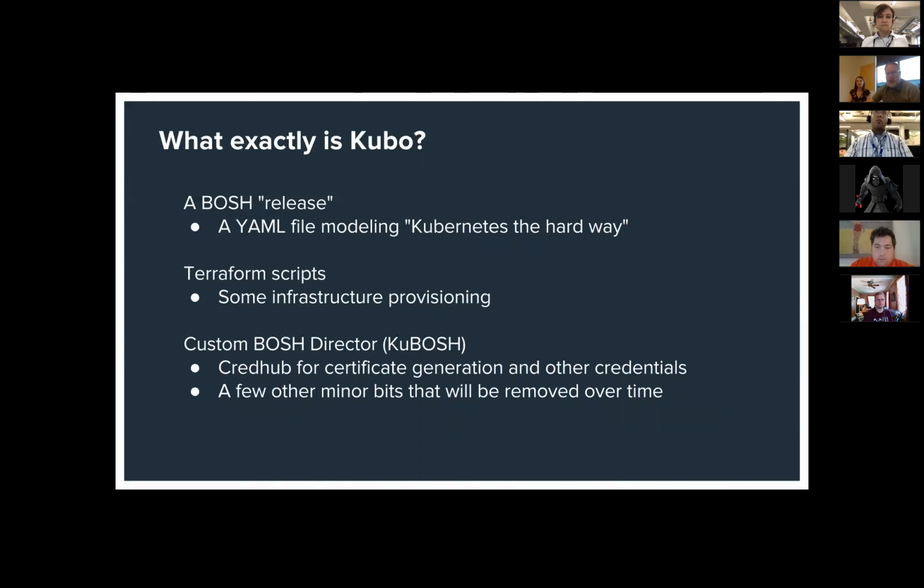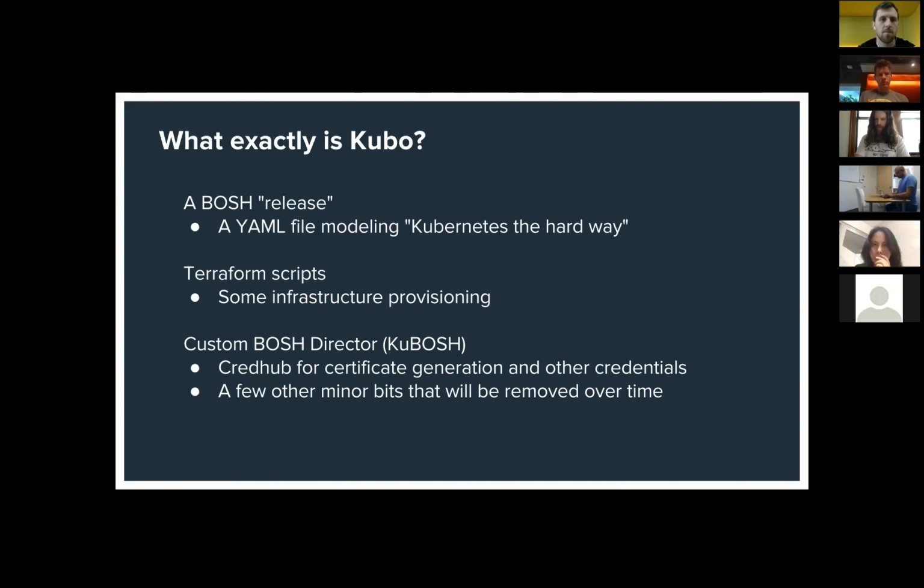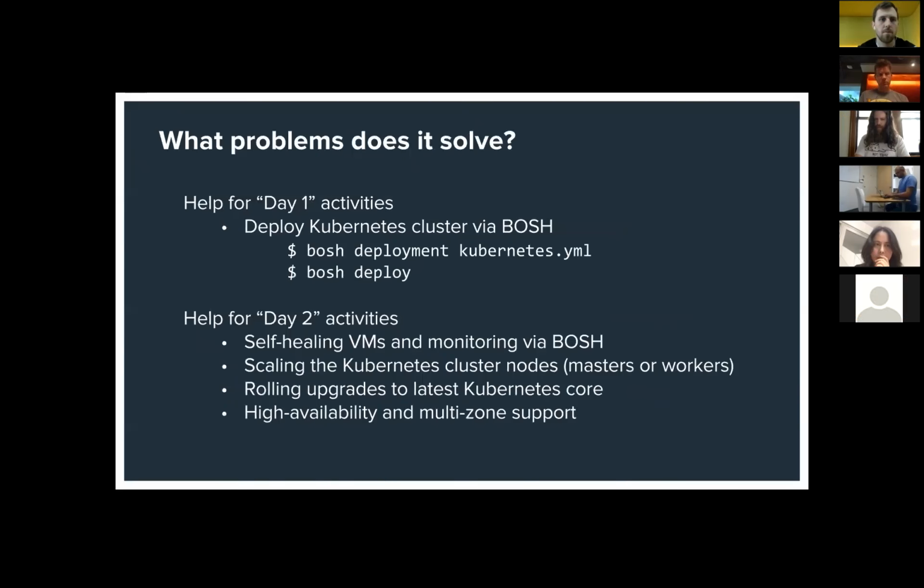The BOSH director is the actual machine that monitors the health of the infrastructure machines. We use a custom version of that that's got a couple of utilities baked into it for things like certificate generation and credential management. Over time, we'd like to get to a vanilla BOSH, and as BOSH gains additional capabilities, we'll probably achieve that.